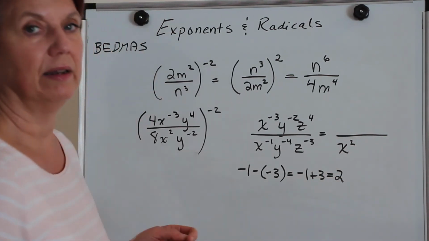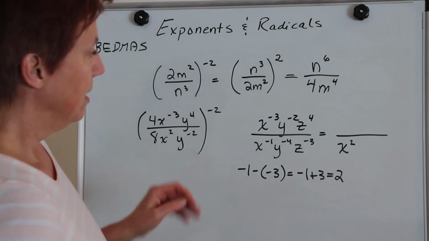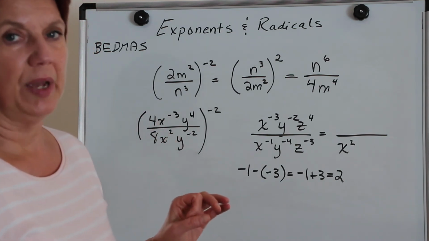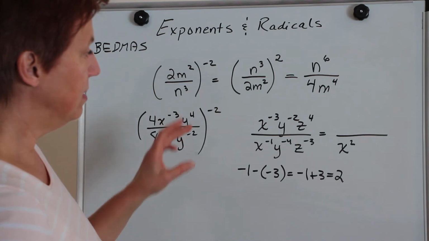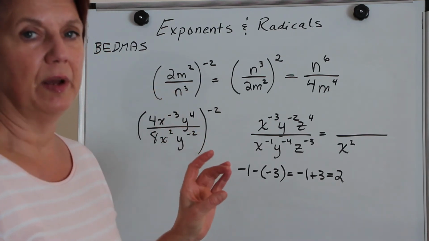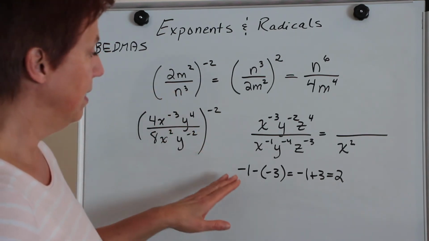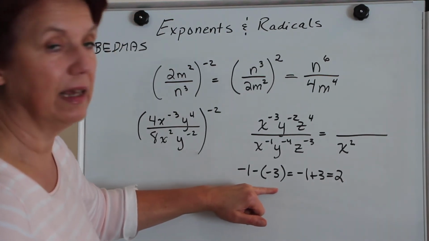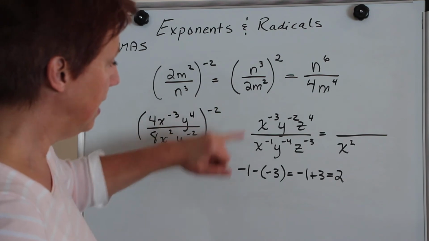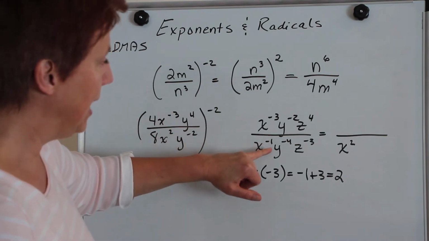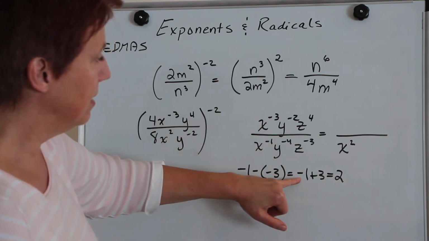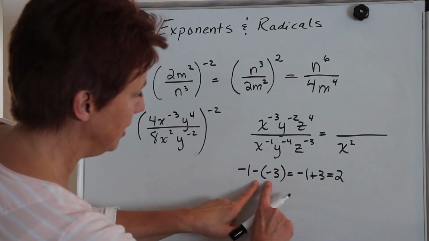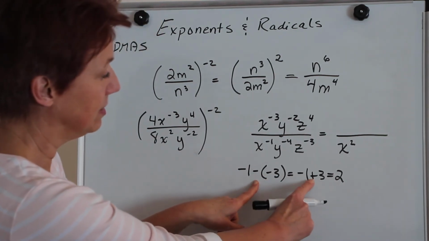So that's what that exponent is. A lot of mistakes are made here, okay? And it's because subtracting negative numbers is difficult and it's easy to get lost. So all you have to do is at least think this, even if you don't say it: -1 minus -3 is -1 plus 3, because these two negatives are getting multiplied to make that plus.